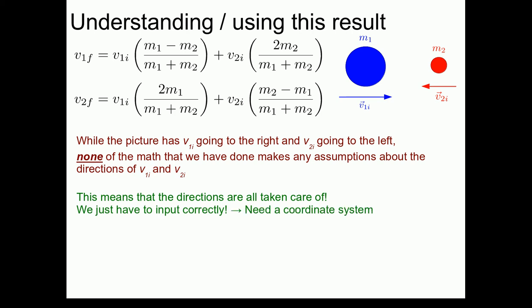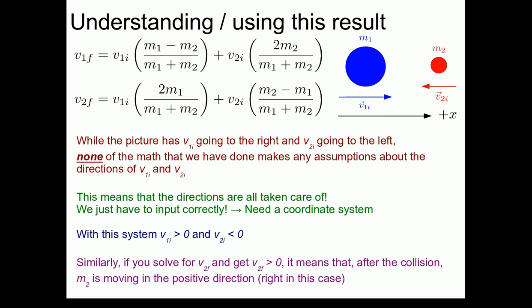For that, we need a coordinate system. I'm going to choose a coordinate system that has x going to the right, like this. In this particular system, V1i is defined to be positive, and V2i is going to be negative. If I use these positive and negative signs in these solutions, everything will take care of itself.